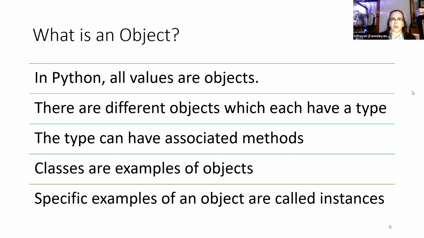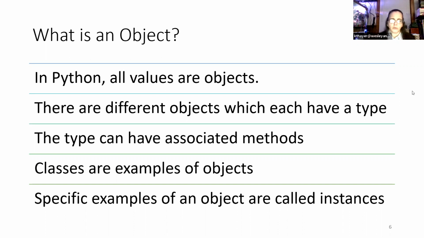Strings are a kind of object in Python, and when you do type of a string, it will tell you str for string. And there are associated methods, so there are certain things you can do with strings. For example, you can do is alpha, you can do dot upper, you can do dot lower. We've also seen some for lists, and we've also seen methods used with dictionaries.